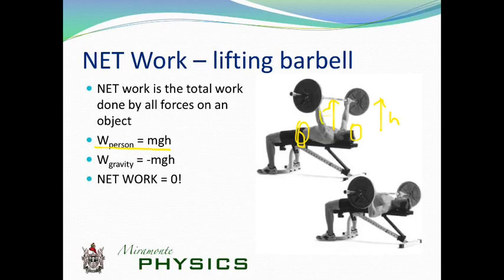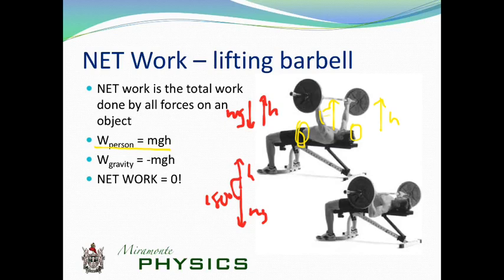But what about gravity? While you are lifting it up, gravity is pushing it down, right? And then the displacement is going to be up again, so that's the displacement h, and gravity is pushing it down. So in this case, if you say here's mg and here's h, the angle between is going to be 180 degrees.